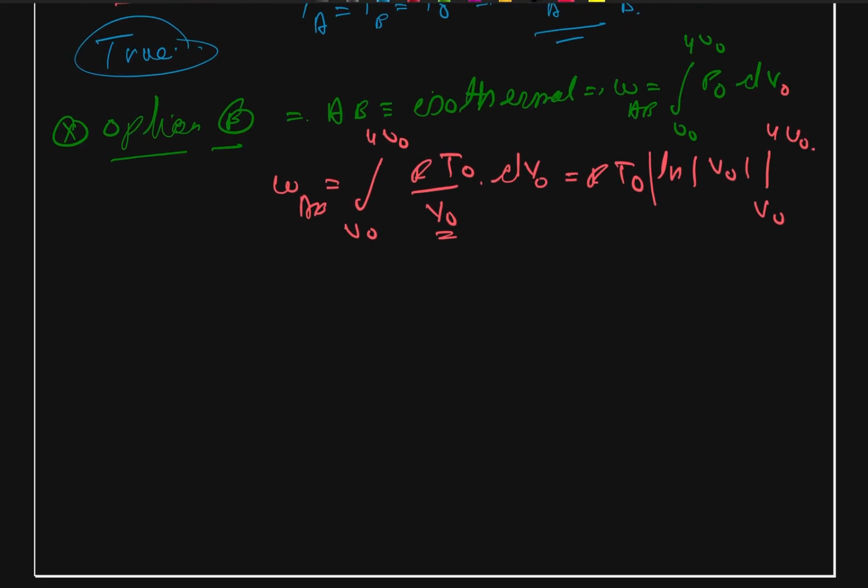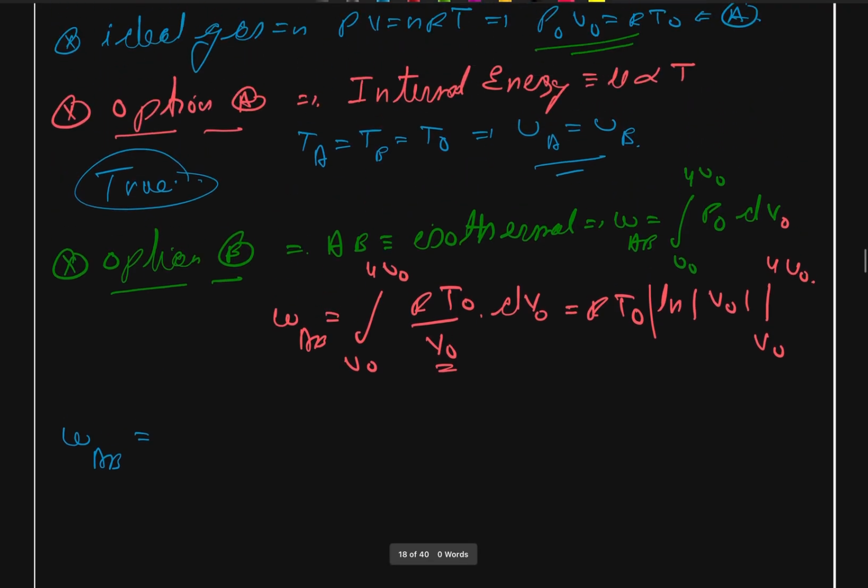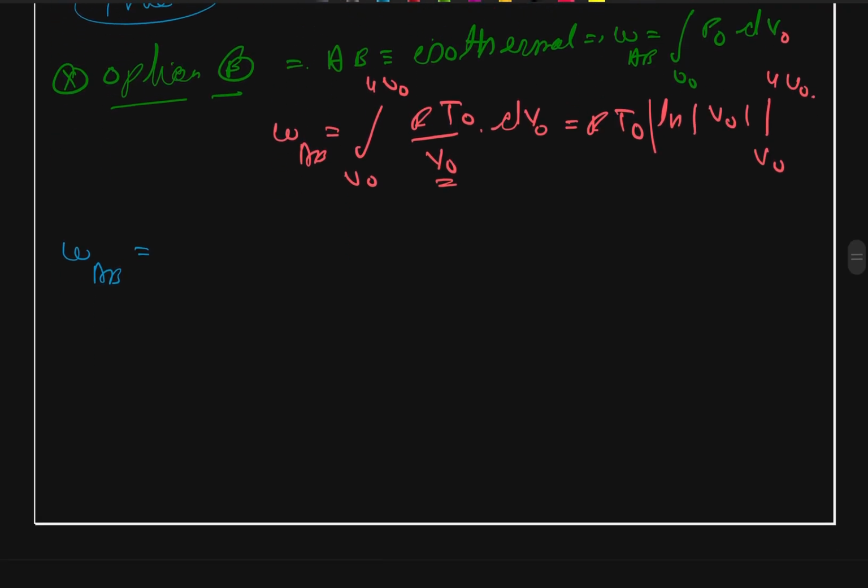Therefore, WAB is, and R T naught we can write as P naught V naught, so this comes as P naught V naught, and substituting the limits, natural log of 4 V naught minus natural log of V naught. Now this is quite a simple calculation.